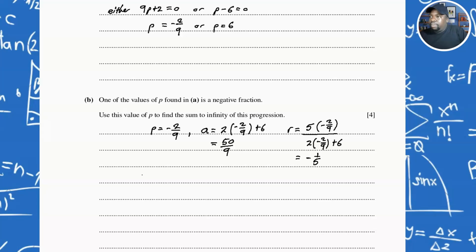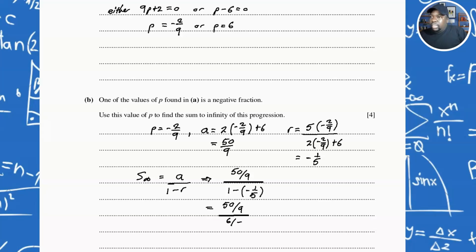Right, so basically for sum to infinity, we find it by a over 1 minus r, which essentially will give us 50 over 9 divided by 1 minus of minus a fifth, which is 1 plus a fifth. So basically we have 50 over 9, and that's over 6 over 5.